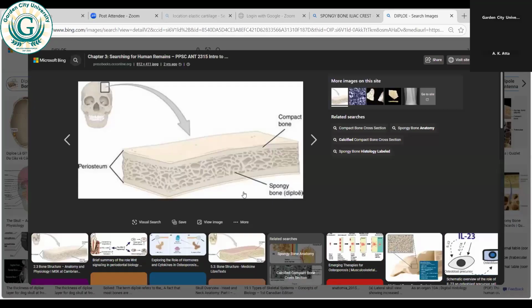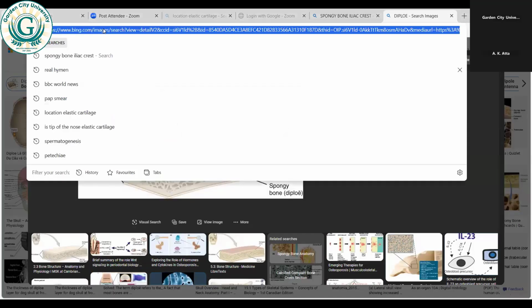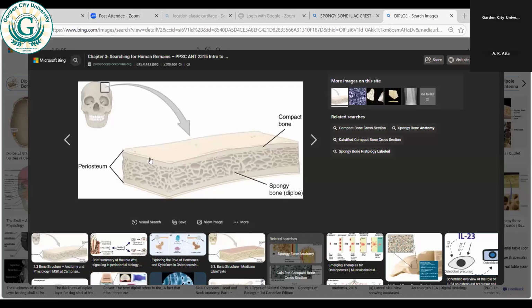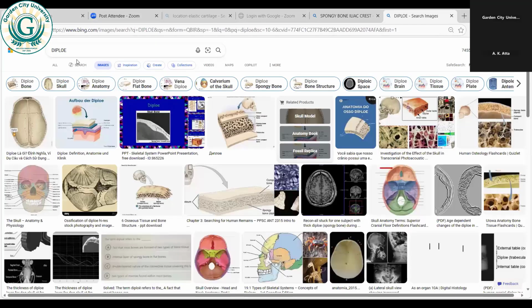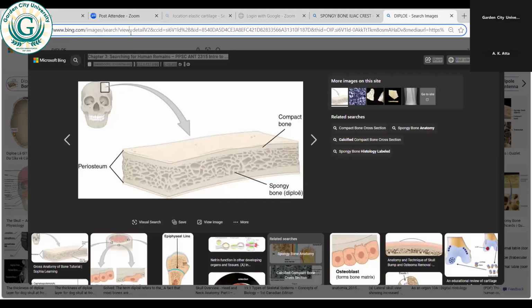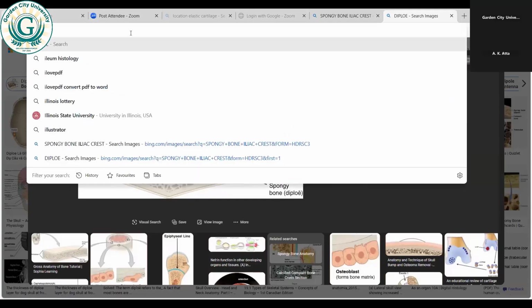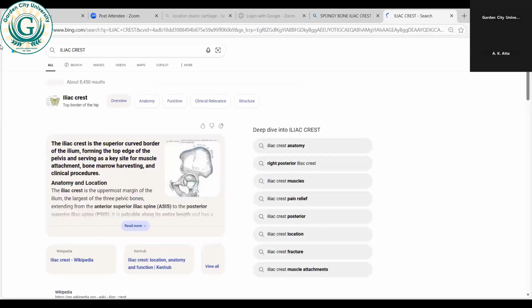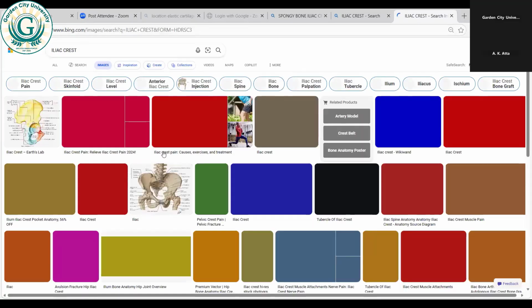So the compact bone and the compact bone, in between you have the spongy bone, or the trabecular bone, or the cancellous bone. If you also look at the iliac crest, you also have that kind of compact bone, the two compact bones, and in between you have a lot of spongy bone.